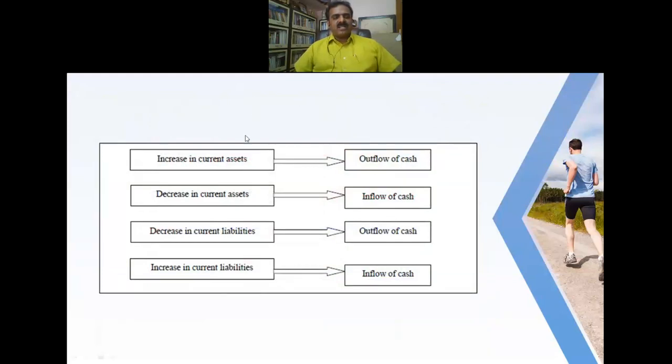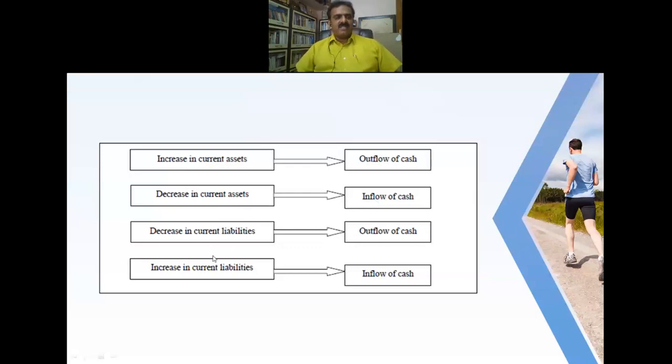The rule for current assets and current liabilities while preparing the cash flow from operating activities is: an increase in current assets decreases cash, that is to say an outflow of cash, which is to be deducted. A decrease in current assets increases cash, that is to be added, that is to say an inflow of cash.